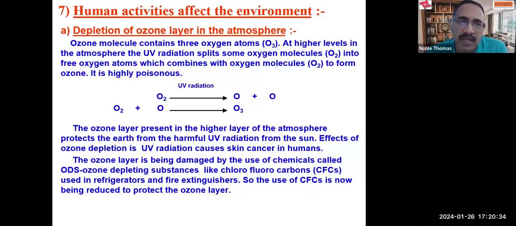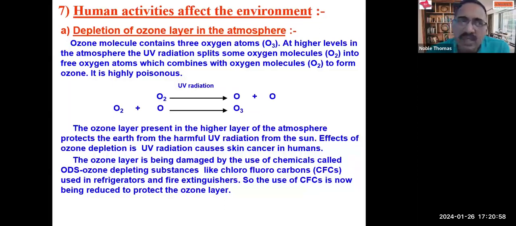What exactly is happening? Ozone molecule is nothing but O3. O3 is a poisonous gas, but luckily its density is very less, so it rises up in the atmosphere and settles down somewhere nearer to the stratosphere. That means around 15 to 17 or 20 kilometers above the sea level.